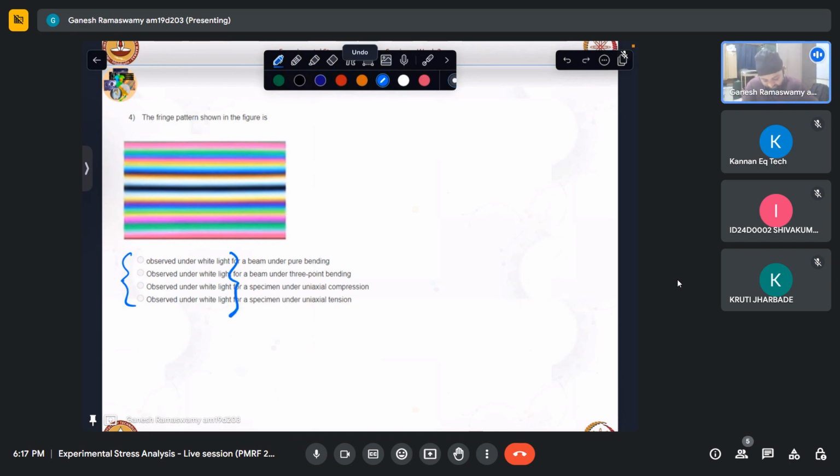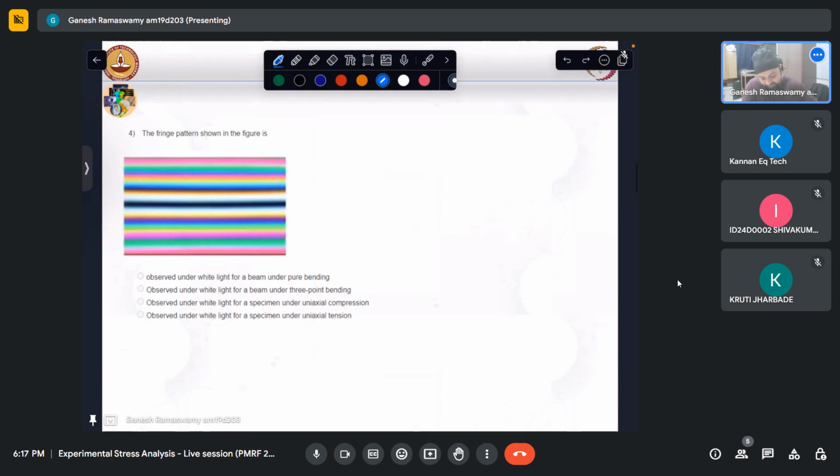As we will see in the next session or so, when we get into photoelasticity, these fringe patterns are from photoelasticity, and these represent the contours called isochromatics.